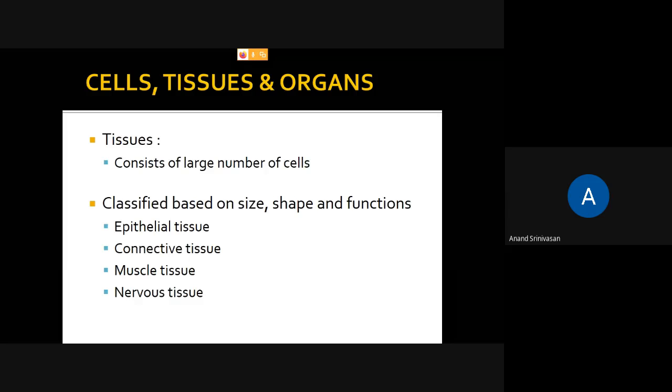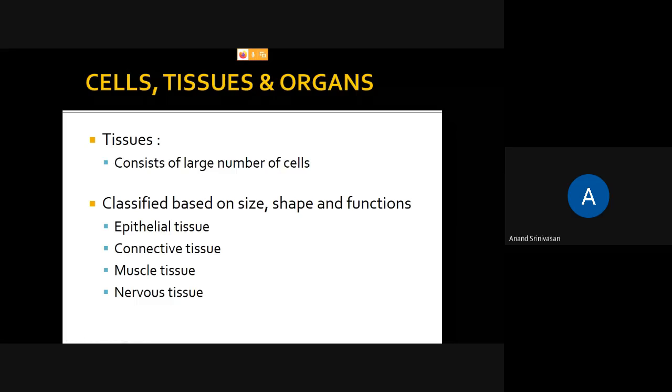All right. So you must already have studied in school the difference between cells, tissues, and organs. The cell is a unit of our body. A group of cells together forms tissues, and a group of tissues together forms an organ. So tissue is nothing but a group of cells.